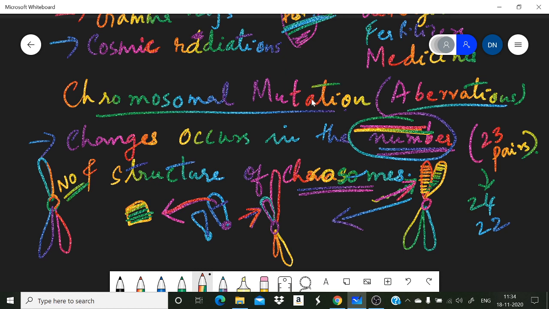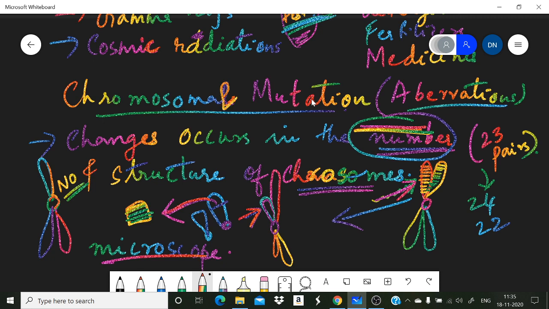And these chromosomal mutations or chromosomal aberrations can be detected under the microscope, but gene mutations cannot be detected by microscope. Here the chromosomal mutations can be detected by microscopic examination. It can be diagnosed under microscope. That means chromosomal mutations may affect the genes or several genes.